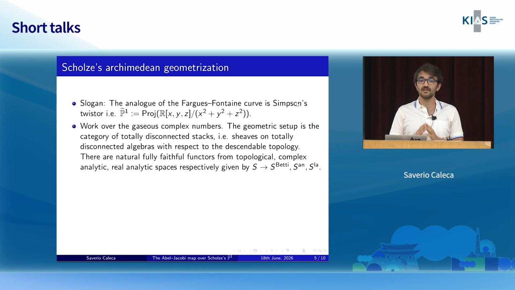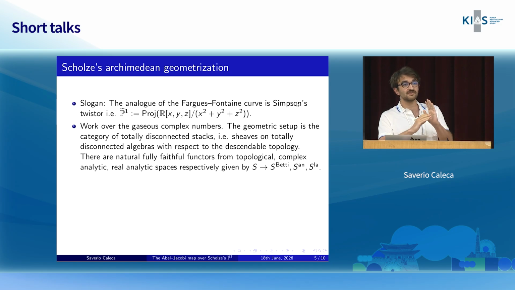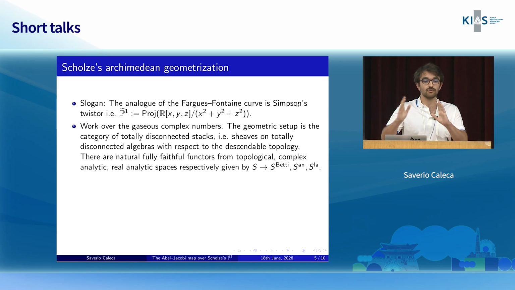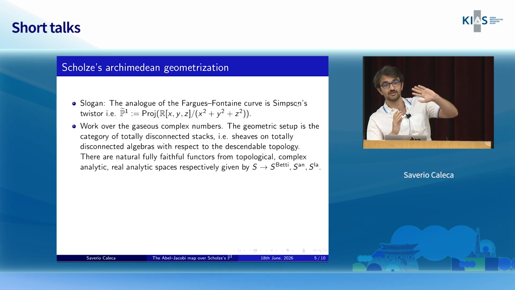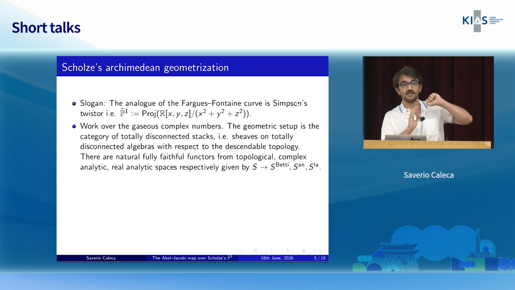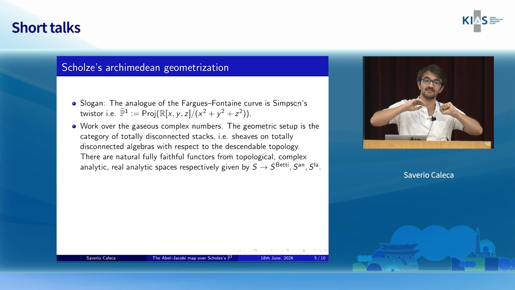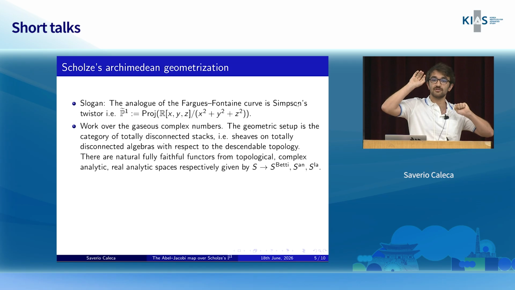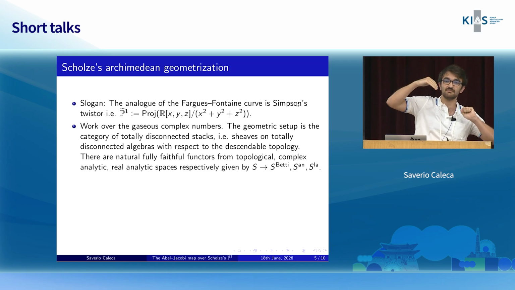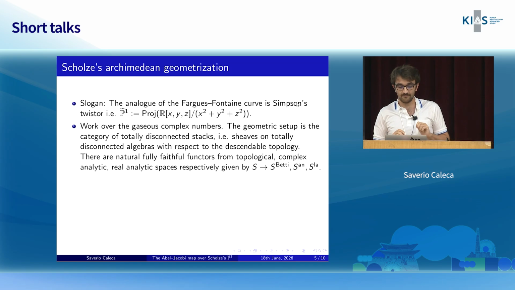So we will work over the complex numbers, and our geometric setup is that of the category of totally disconnected stacks, which are sheaves with respect to the descendable topology over totally disconnected algebras. Now, totally disconnected algebras in one direction are analogous to perfectoid spaces, and in another direction can be seen as some nilpotent thickenings of spaces of continuous functions over some profinite set S. In particular, to any totally disconnected algebra A, there is an underlying space S associated.